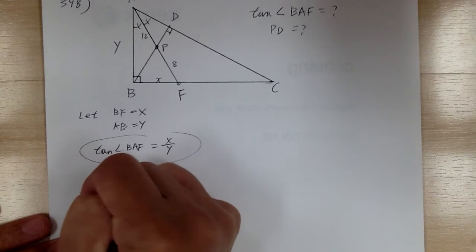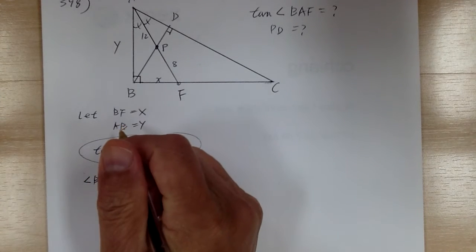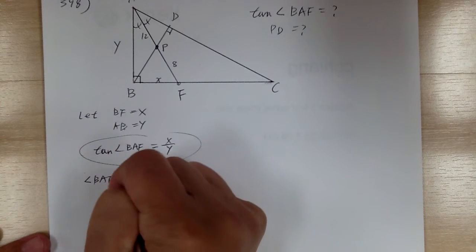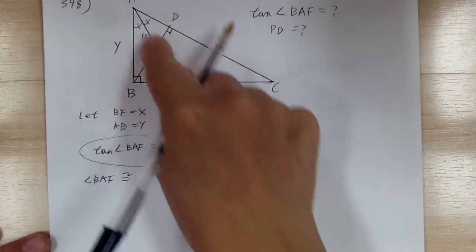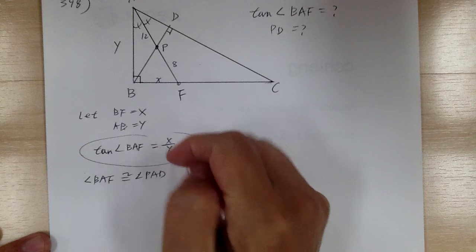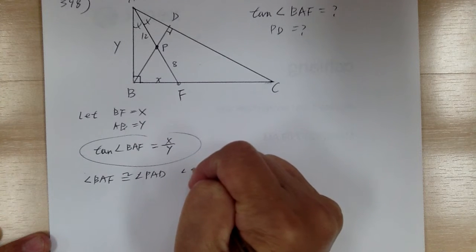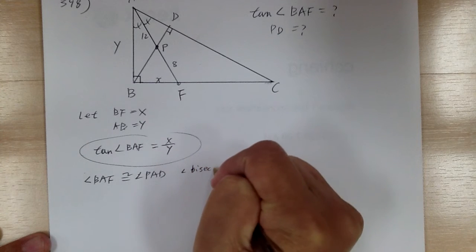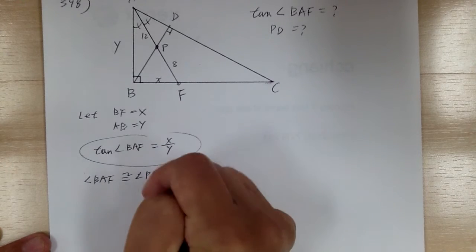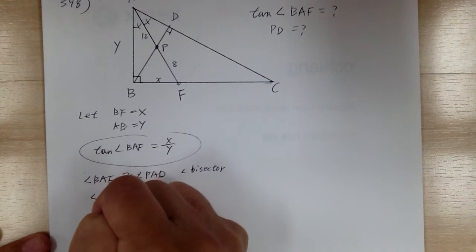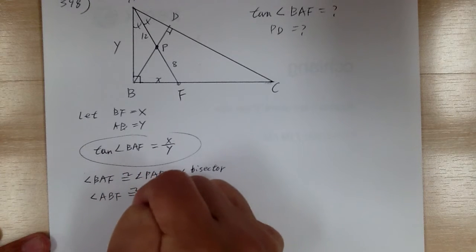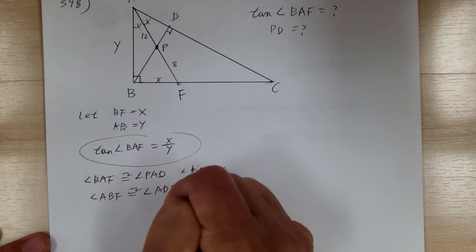Okay, so angle BAF is congruent to angle PAD because this is the angle bisector, so they are congruent. And you've got angle ABF is congruent to angle ADP.